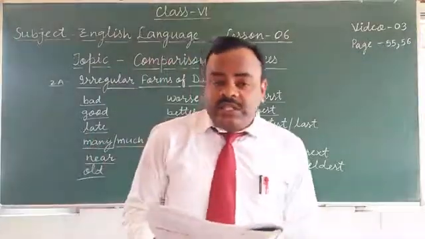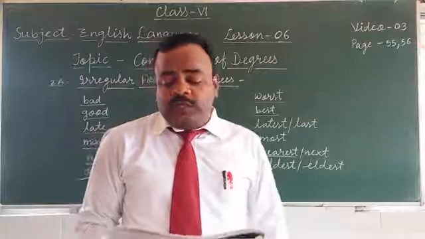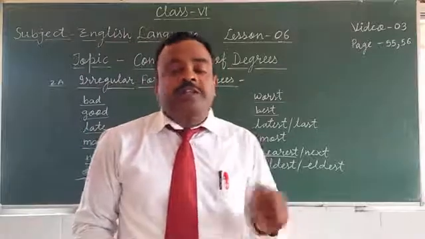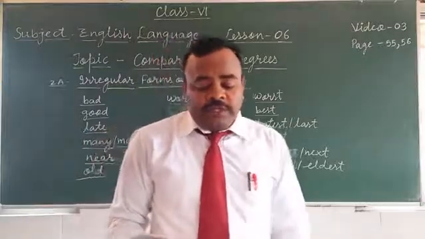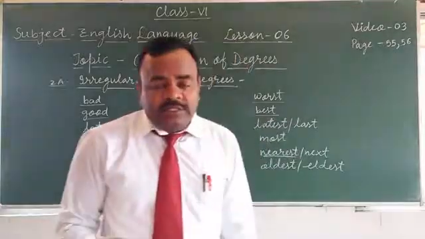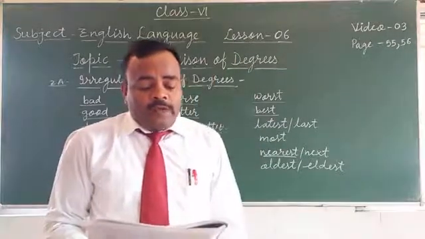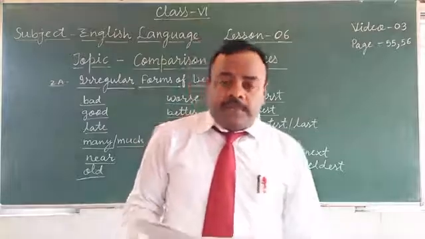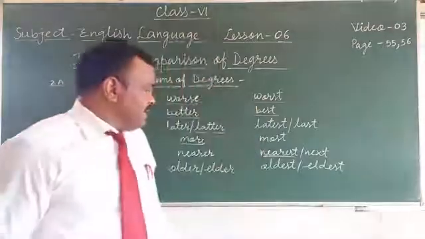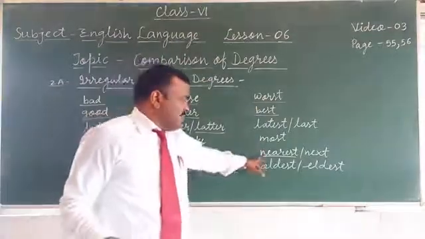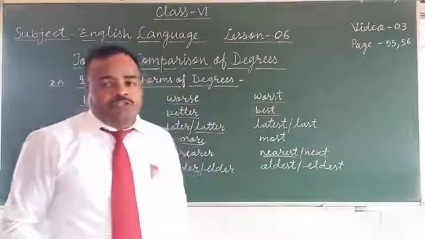Nearest shows distance and next shows position, means position in time and distance. Okay, the nearest hospital is 5 kilometers away. And what is your next step? So nearest shows distance and next shows position.